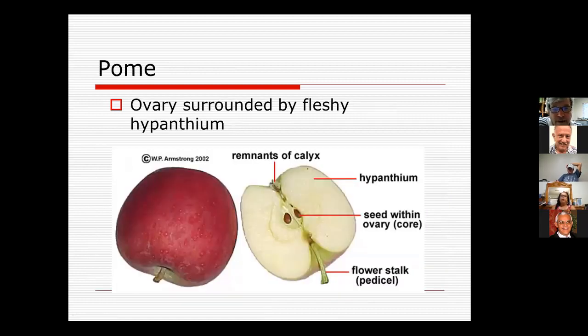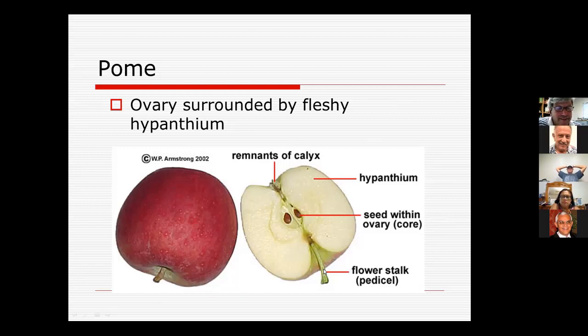A pome is another, that's an ovary surrounded by a fleshy section, and that's going to be your pears and your apples, particularly the main portion there. So again, when you look at how this develops, remember your flower, this is a ripened ovary. This was the pedicel, the part where the flower attached to the stem.